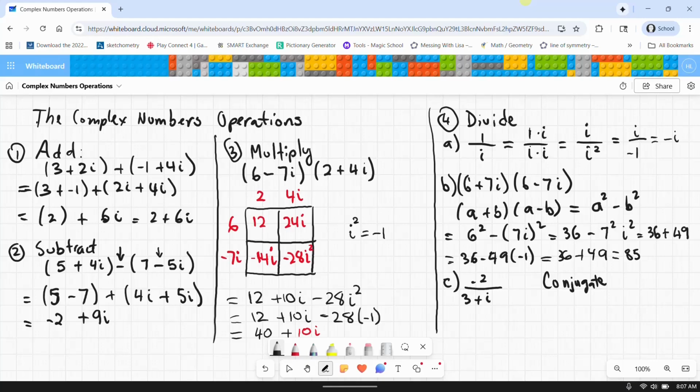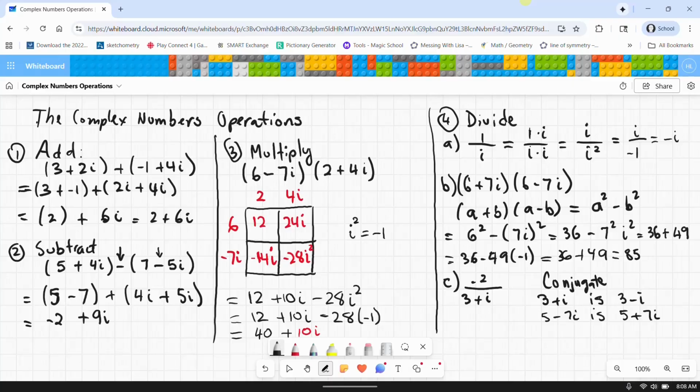So what is the conjugate? For example, the conjugate of 3 plus i is 3 minus i. The conjugate of, let's say, 5 minus 7i is going to be 5 plus 7i. So the conjugate of a complex number is where we keep the real number, but we switch the sign of the imaginary part.